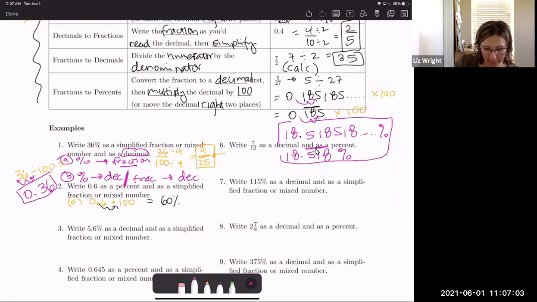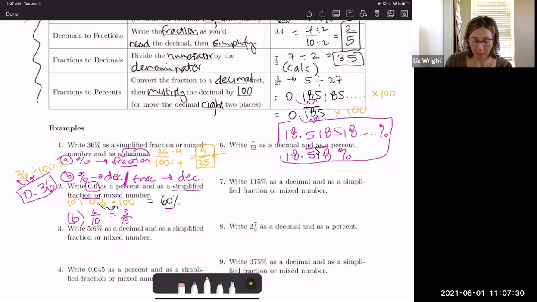All right, next one, it says to write it as a simplified fraction or mixed number. Well, I'm going to go back up to this, and that says 6/10. So I'm going to go ahead and write 6/10, which is going to be 3/5. Now, some of you might have taken this and said, well, I'm going to take that and put that into a fraction.